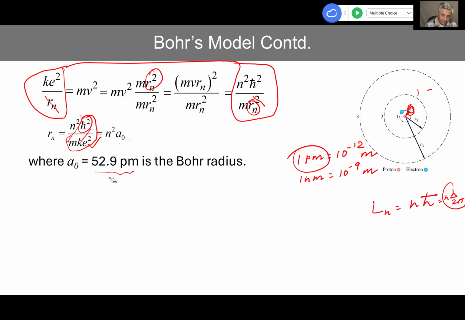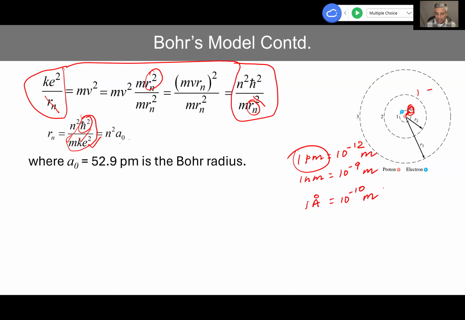Sometimes this is also written in terms of what's called angstrom. So 1 angstrom, and angstrom is denoted by a round circle on top of A. That's kind of weird notation. Is 10 to the power negative 10 meter, angstrom.